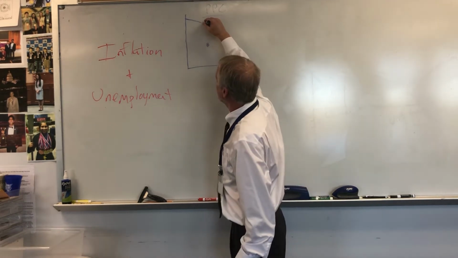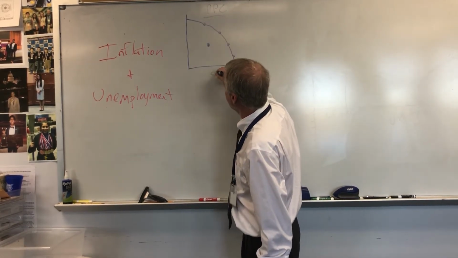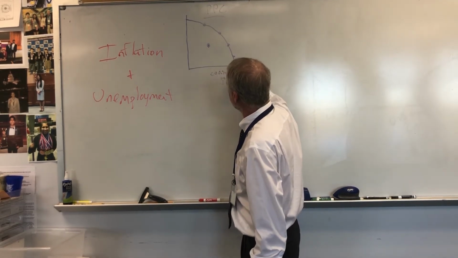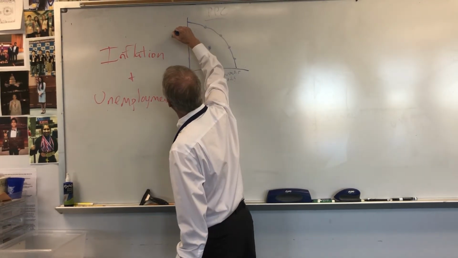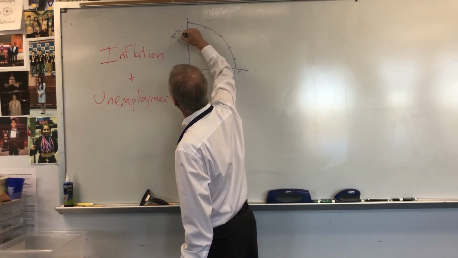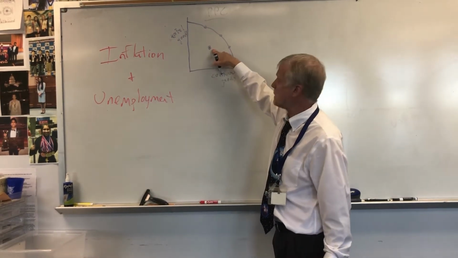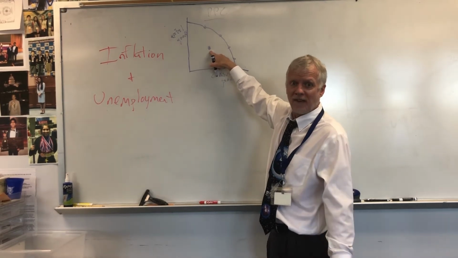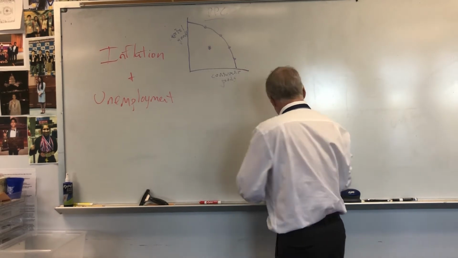The PPC represents a society using all of its resources, meaning all of its land, labor, and capital to produce goods. And if a society has a resource not being used, like labor, then that's inside the curve, and that would represent unemployment.